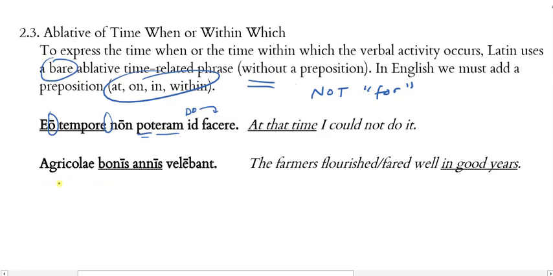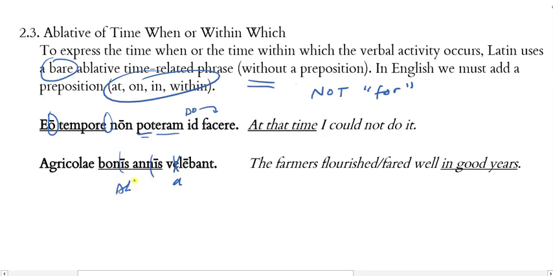Okay, next and final example. Agricolae bonis annis valebant. My bad, valebant. All right, and so what is this? This is the imperfect of valeo, and agricolae is the nominative plural subject. So the farmers fared well or flourished. And then I have bonis annis.